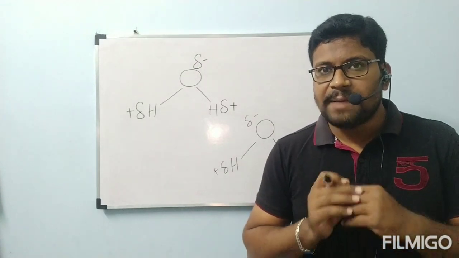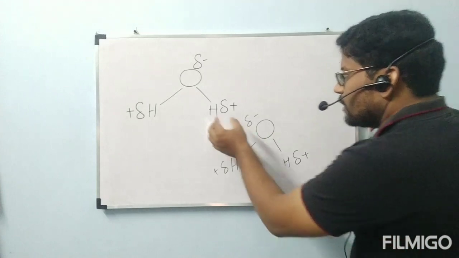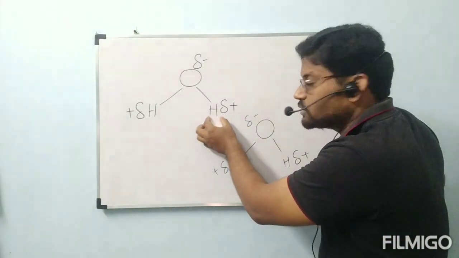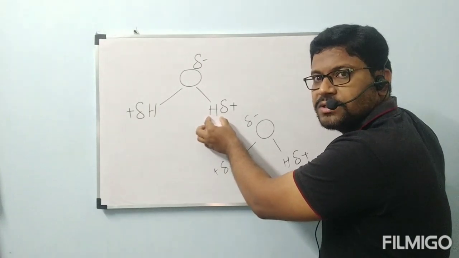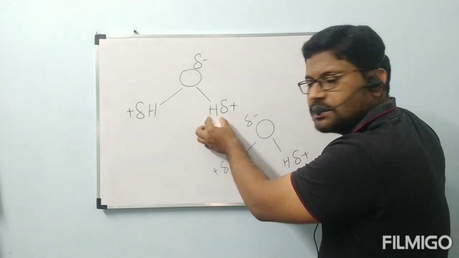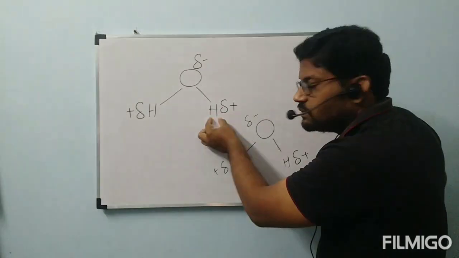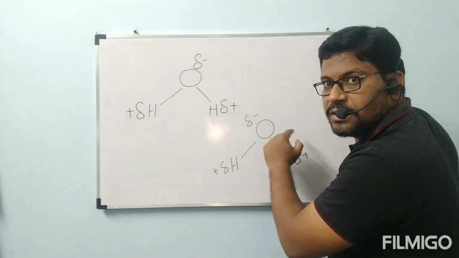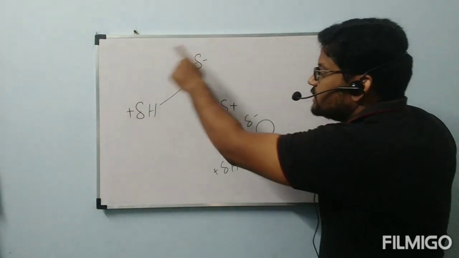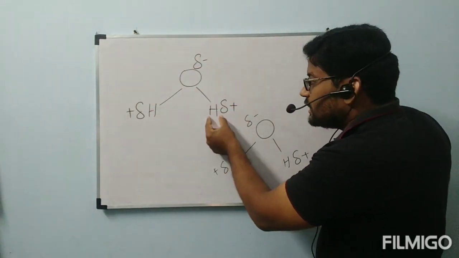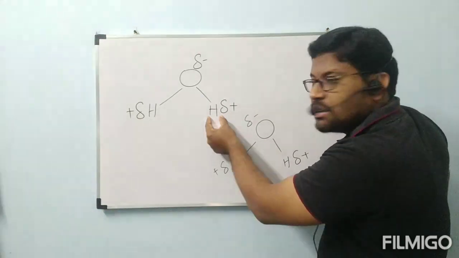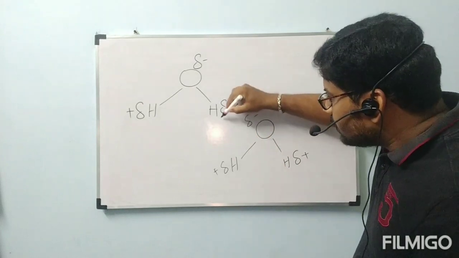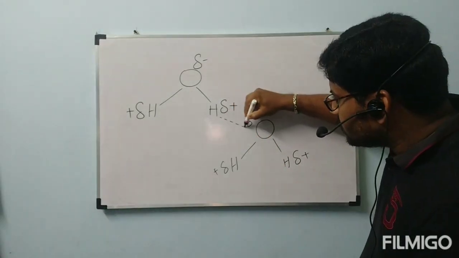But what is happening here actually? Delta positive hydrogen contains positive charge only. Even though it is partial positive charge, it is positive charge only. So delta positive charge on hydrogen and delta negative charge of oxygen in another molecule. Delta plus hydrogen of first molecule and delta negative of oxygen of second molecule will be attracted with a force.